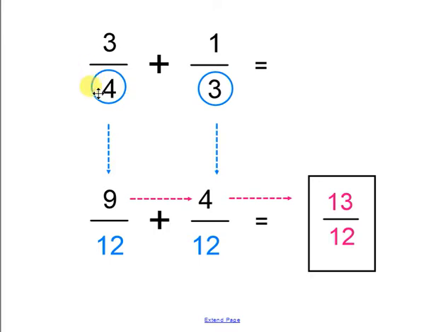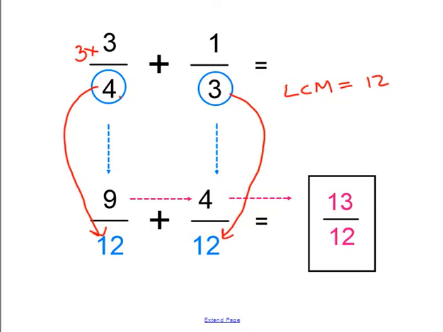So here I have a denominator of 4 and 3. Well, the LCM of 4 and 3 is 12. So I rewrote a new fraction here with 12 on the bottom, okay? 4 goes into 12 3 times. 3 times 3 is 9. 3 goes into 12 4 times. 1 times 4 is 4.